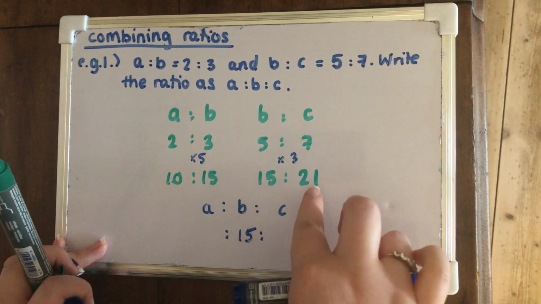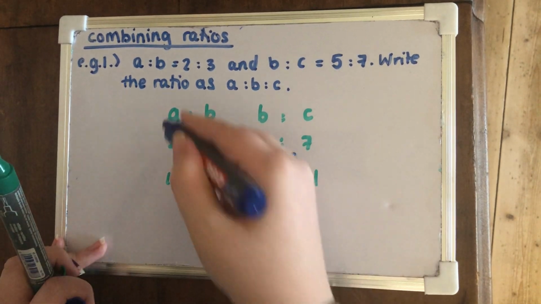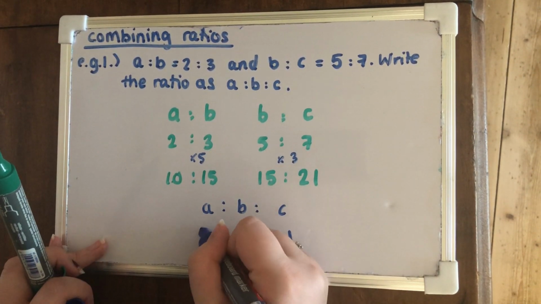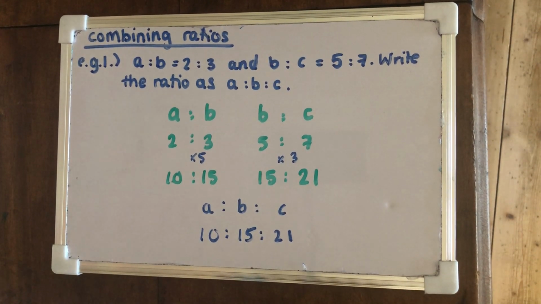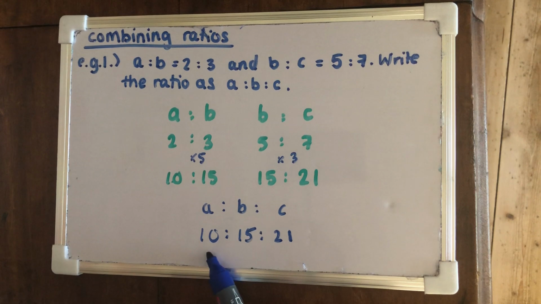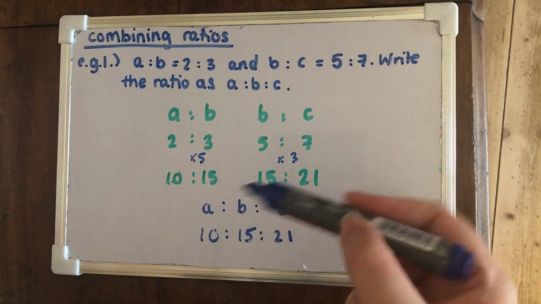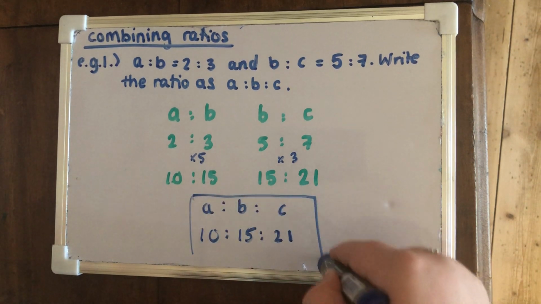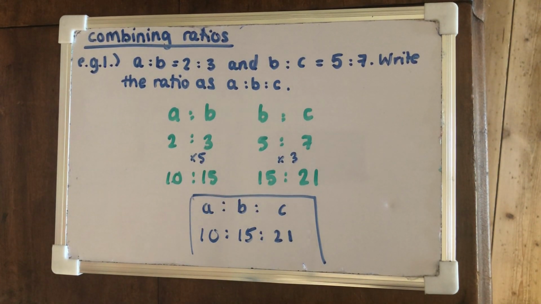We know that when B is 15, C is 21, and when B is 15, A is 10. If you can simplify it, go for it, but we can't here, because 2 goes into that but not those two, 3 goes into both of those but not the 10, and so on. So our final answer will be 10, 15, 21.